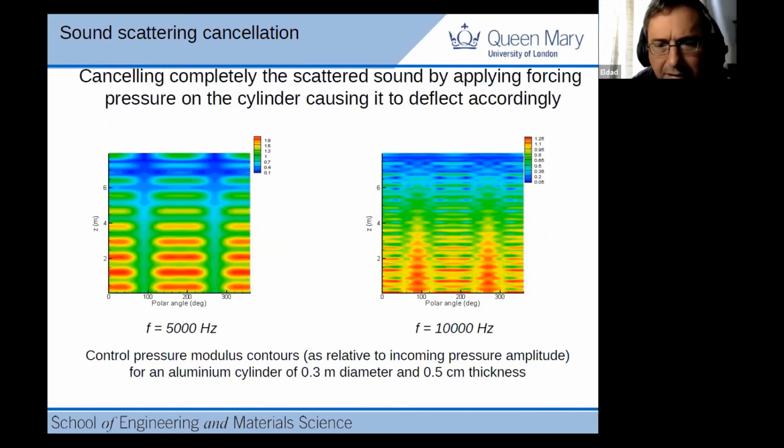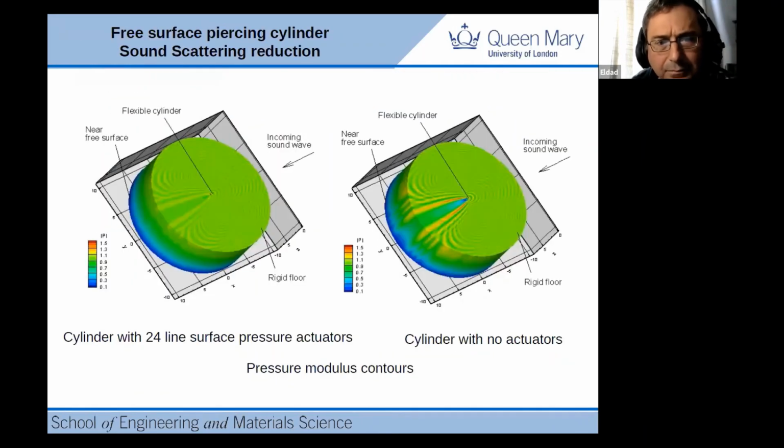It's quite complicated. The higher the frequency, the more complicated it becomes. For low frequency, you can try to do something. For high frequency, it becomes more complicated. So we put 24, for example, line surface pressure actuators, and you could get some reduction, as you can see if you compare the two fields.